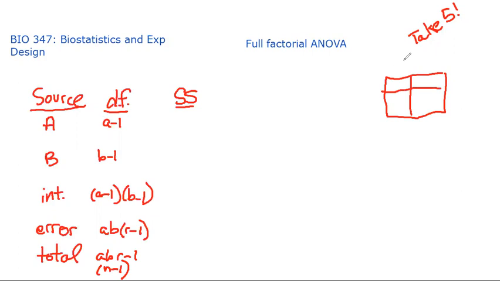We're going to say we had drug A, drug B, we had water, alcohol, and then this was low dose and high dose. What I'm going to put down here is A sub 1, A sub 2.